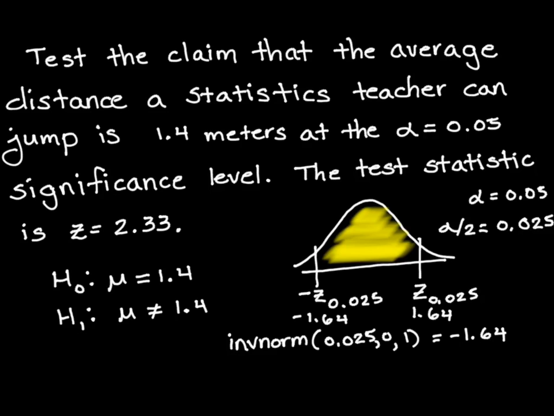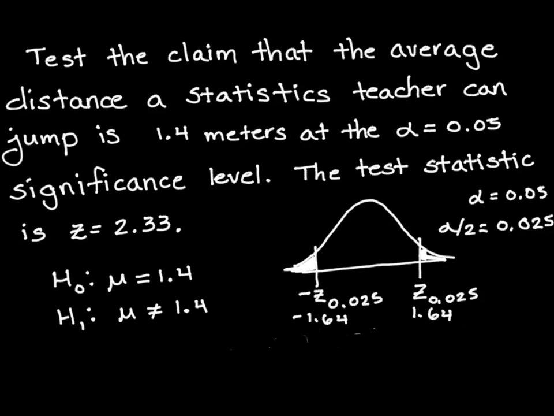If instead, let's change the color here. Okay, let's say that the test statistic falls into one of the tails. That's our rejection region, so that's where we would conclude that we should reject the null hypothesis. So let's see, what do we have in this particular problem?